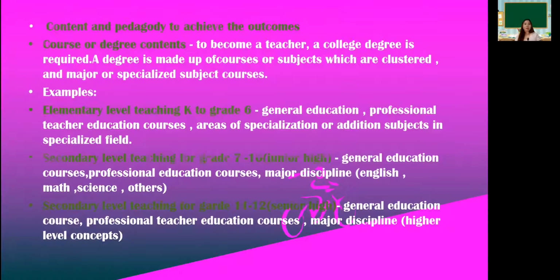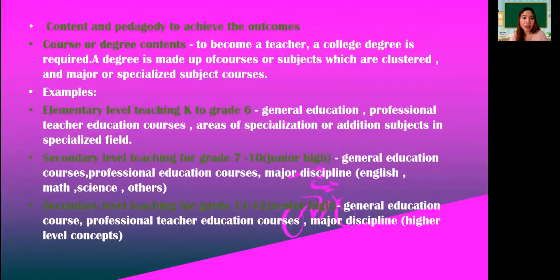Course or degree contents: to become a teacher, a college degree is required. A degree is made up of courses or subjects which are clustered into major or specialized subject courses. Examples: elementary level teaching, K to grade 6: general education, professional teacher education courses, areas of specialization or additional subjects in the specialized field.